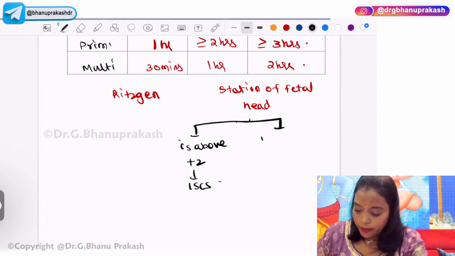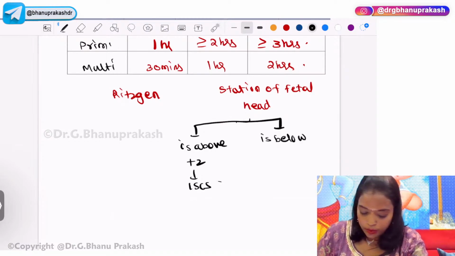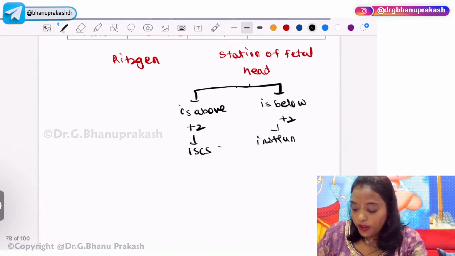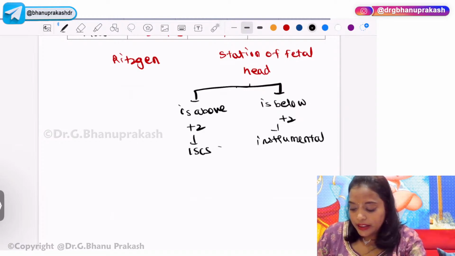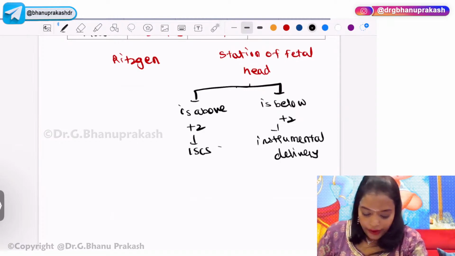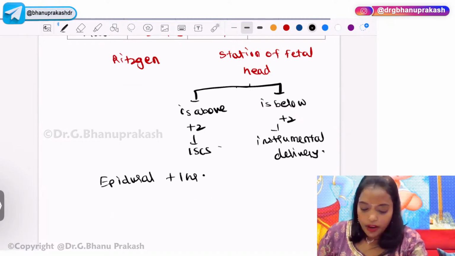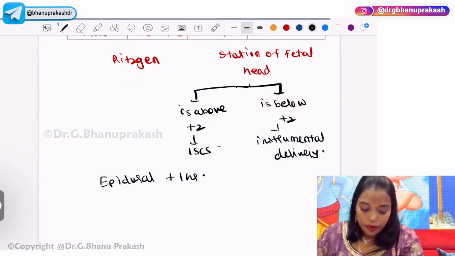If the fetal head is below +2, then you can do instrumental delivery. This is for both prolonged second stage and second stage arrest. And when you are giving epidural, whatever I've written, you have to add 1 hour.